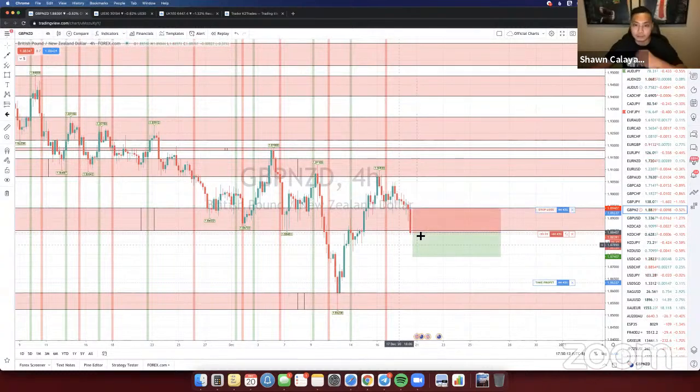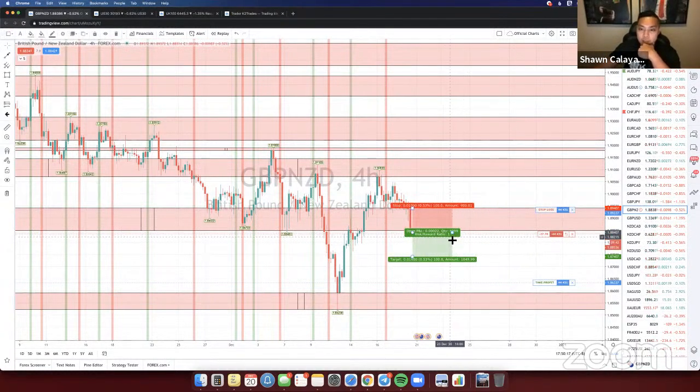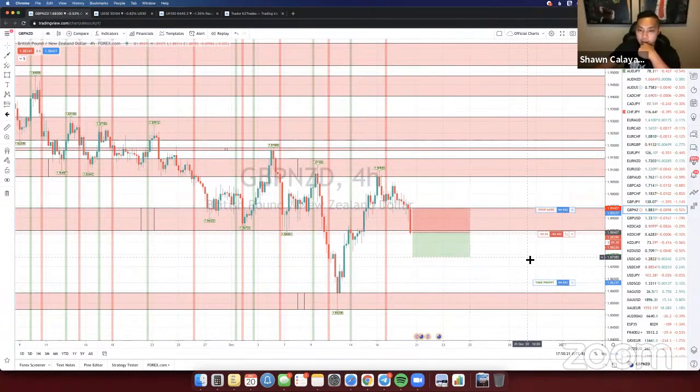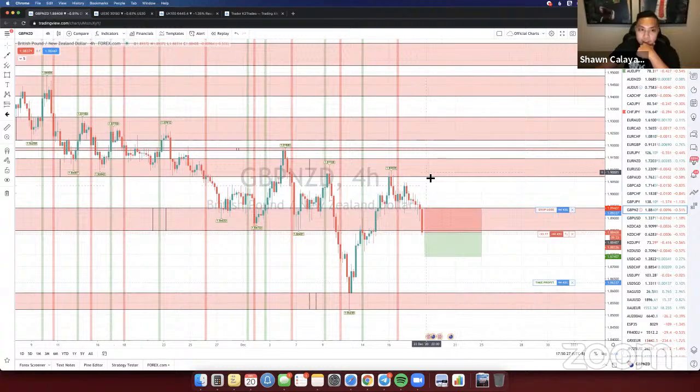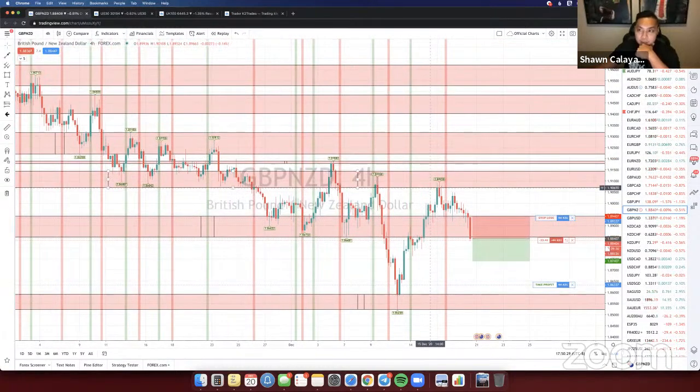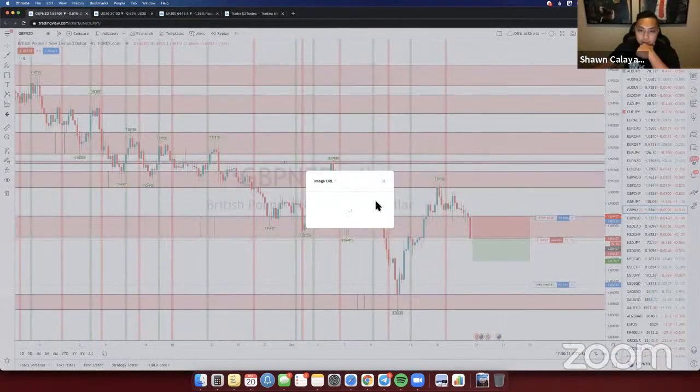I'm probably going to hold off on calling it as an official entry until it actually closes. Or should I just call it now? Screw it, just call it. Give it to everyone. Yeah, this might be a decent entry. So I might just call it right now. Let you guys take this trade with us. And then we'll see how this plays out.